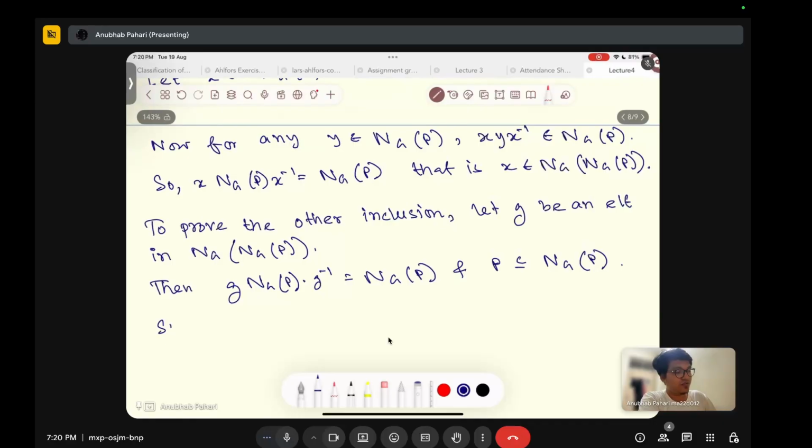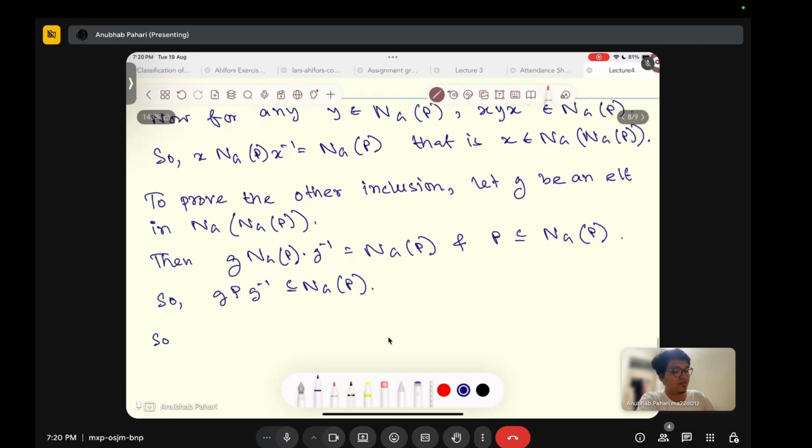So g P g inverse belongs to N_G(P), right? So g P g inverse is a Sylow p-subgroup of N_G(P).